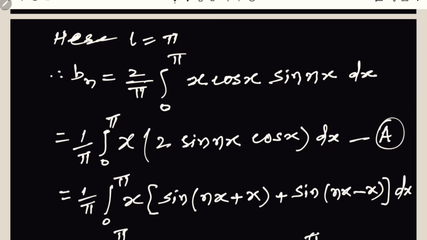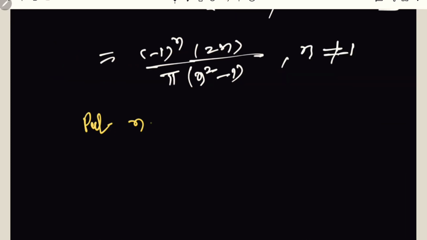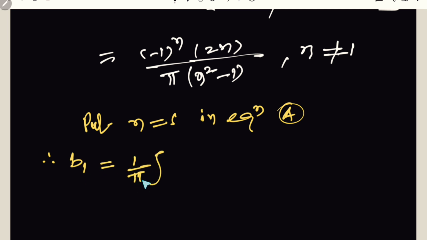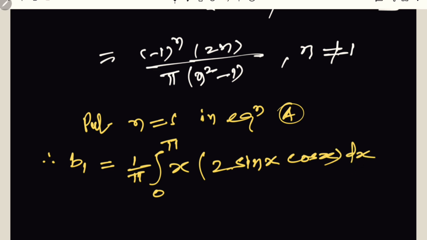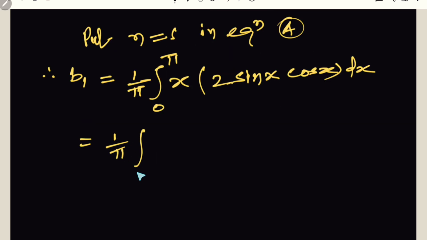Put n equal to 1 in this step. We get the value of b1 as 1 by pi integration from 0 to pi of 2x into 2 sin x into cos x. 2 sin theta cos theta is nothing but sin 2 theta, and therefore 1 by pi integration from 0 to pi of x multiplied by sin 2x, with respect to x.